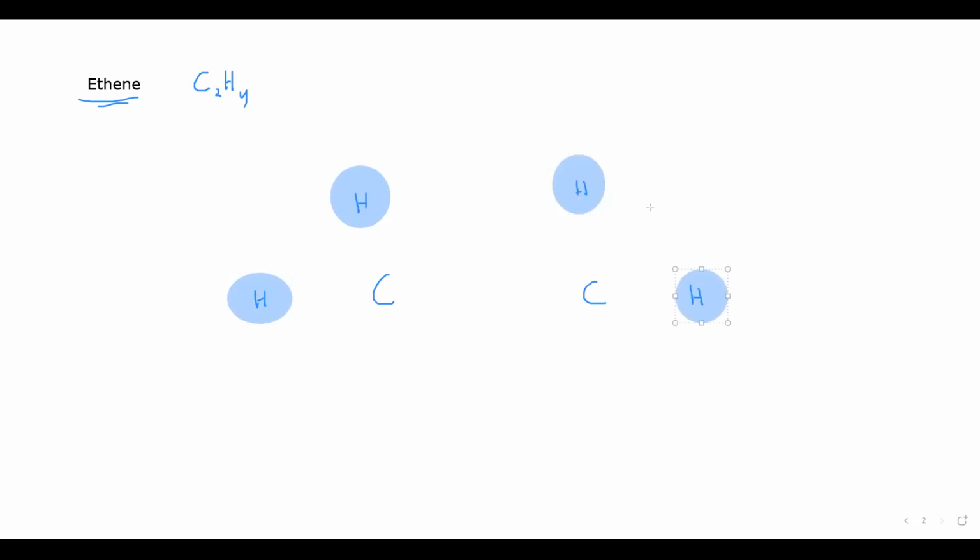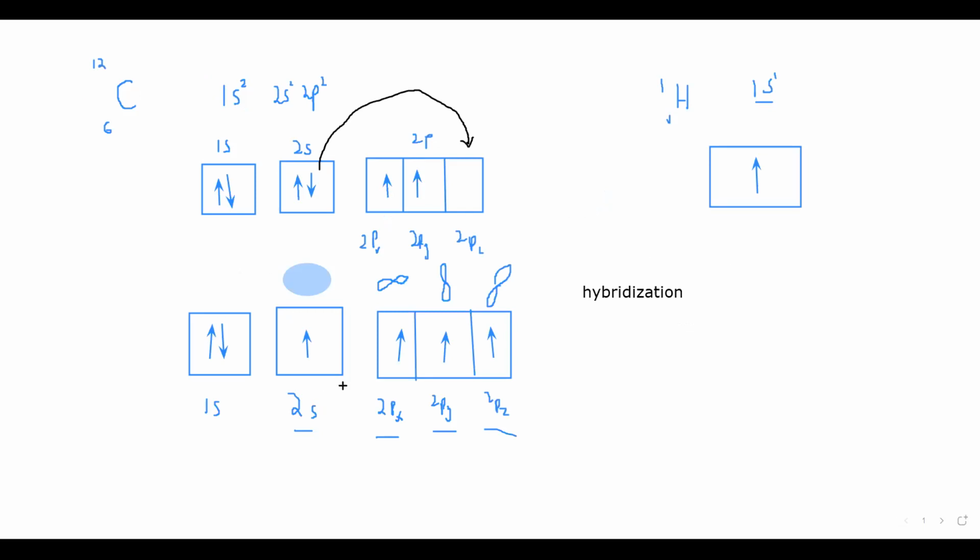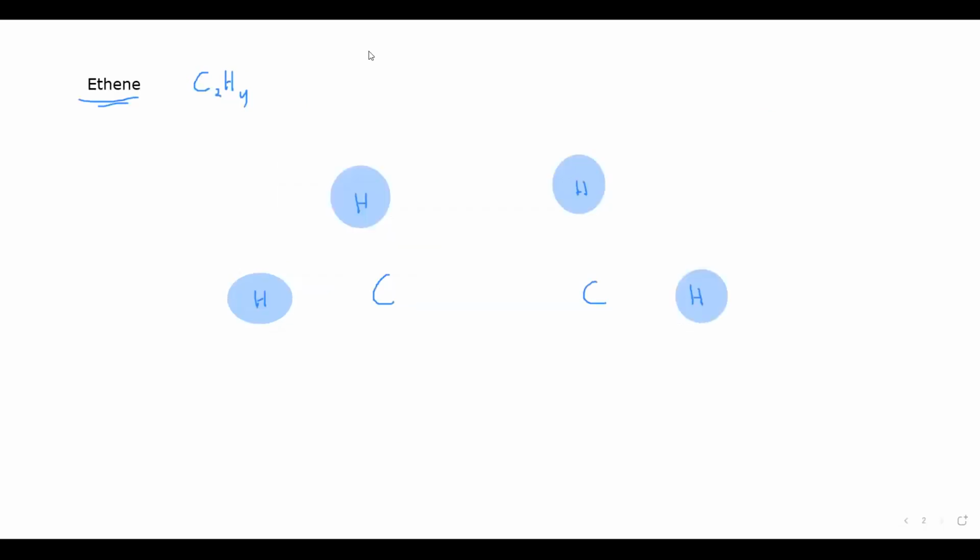Spherical is there, that's why I'm drawing this. Now for carbon, how many orbitals are available? 2s, 2px, 2py, and 2pz. So first, one of the orbitals, the 2s orbital, overlaps with one hydrogen.